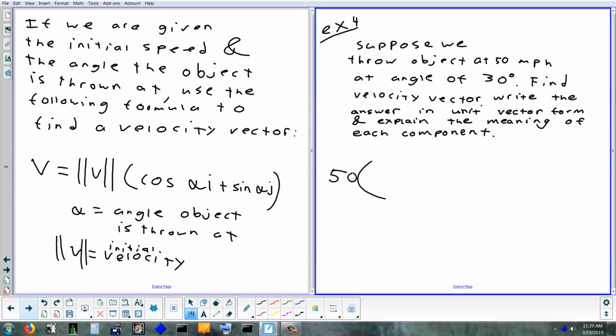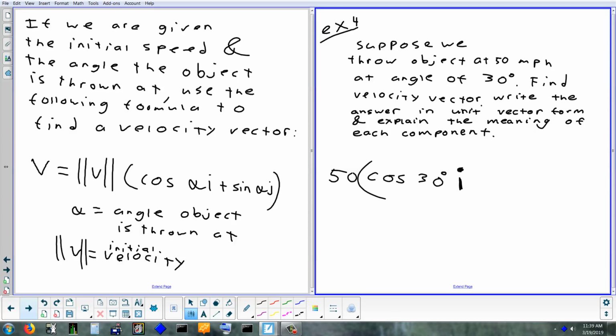Oh, no, that would be cosine. Cosine, yep. Cosine 30. And which component are we finding right now when we use cosine? You're finding x. Okay, so I had labeled it X in that diagram. So it's the component that has the i. So we're going to put the i next.